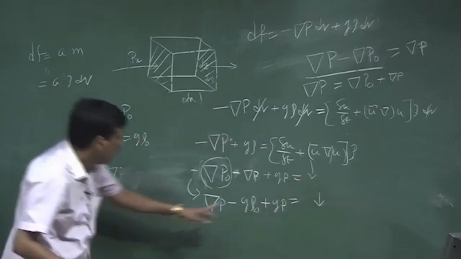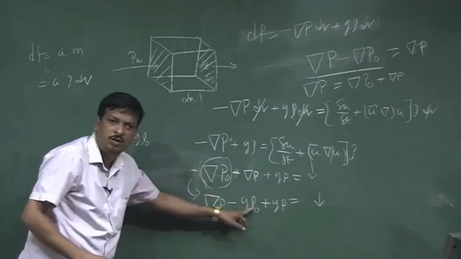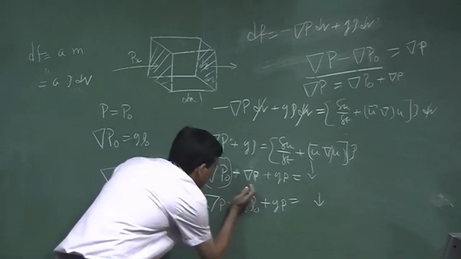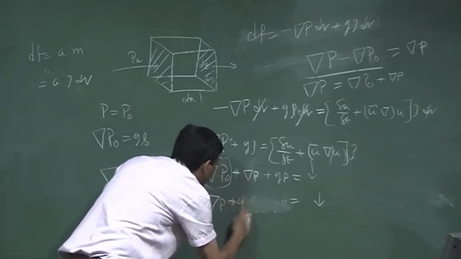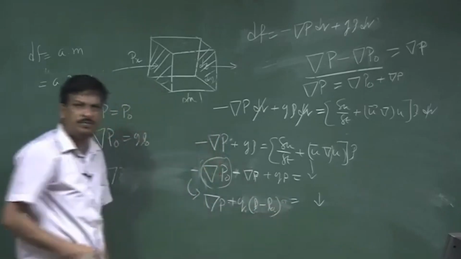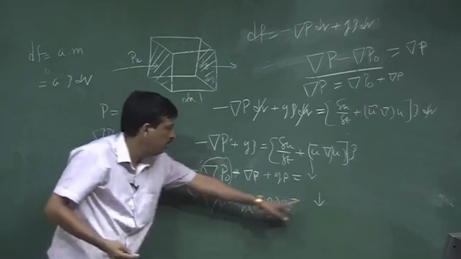Okay. So, g rho 0, and if I consider g as common, this is nothing but plus g into rho minus rho 0 is equal to the same thing.